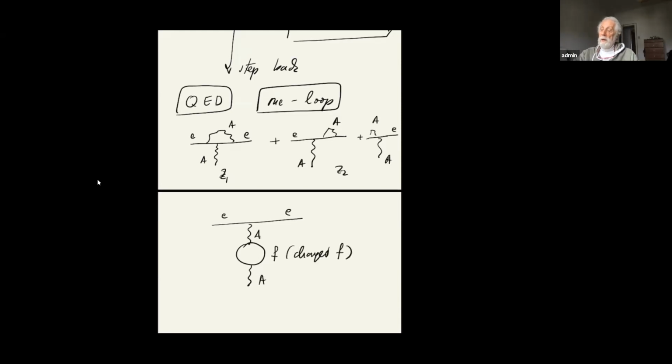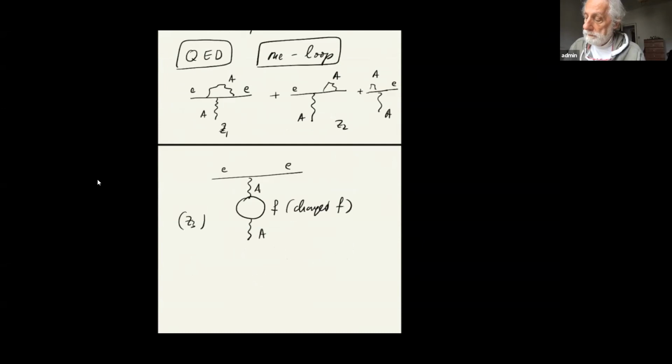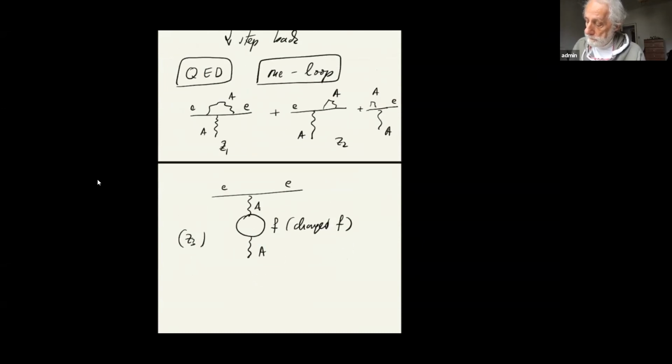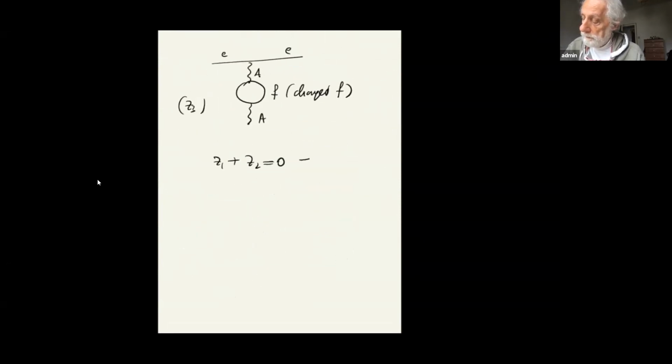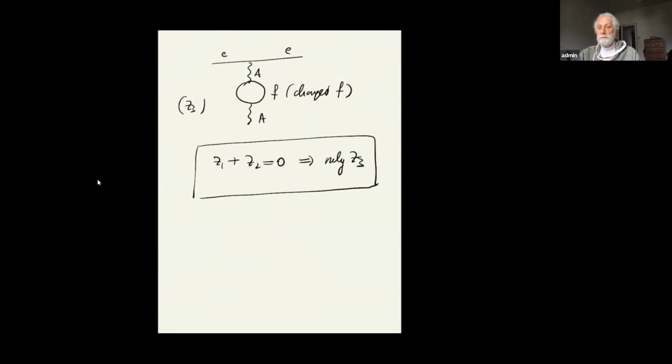And reminding you of two important things, actually, these two cancel each other. This is called Z3, this particular loop. Z1 plus Z2 is 0. This is very important.